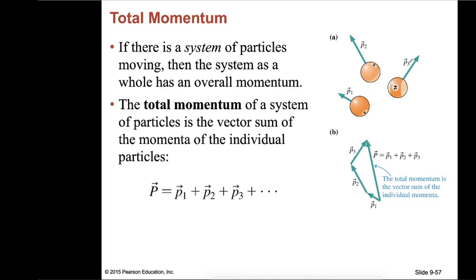The total momentum of a system of particles is the vector sum of the momenta of individual particles. P equals P1 plus P2 plus P3. So if you take the vector sum, the total momentum is the sum of the momenta of all the particles in the system.